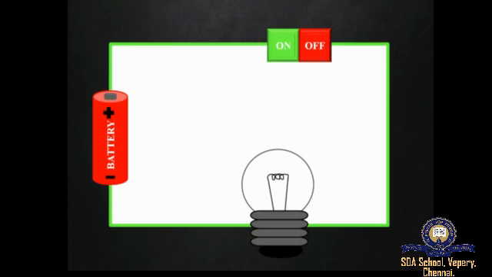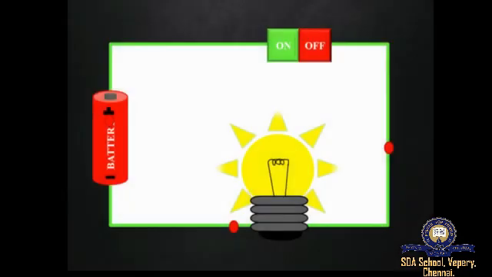Now see, I am going to turn on our light. It starts blinking. Like that, in the system there are only two states, that is 0 and 1. 1 represents true or yes and 0 represents no or false.